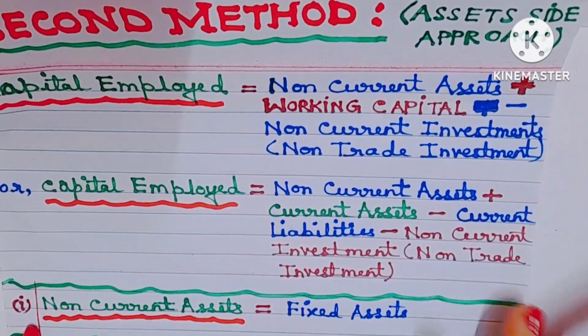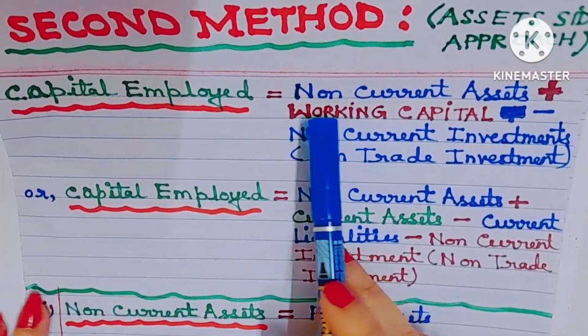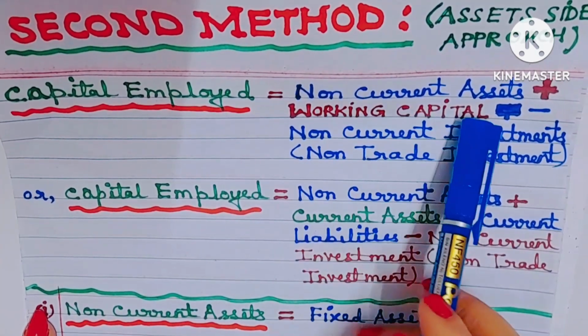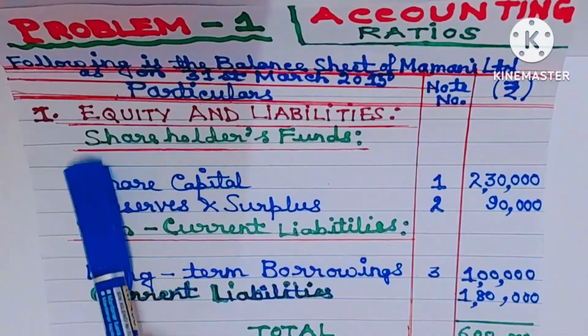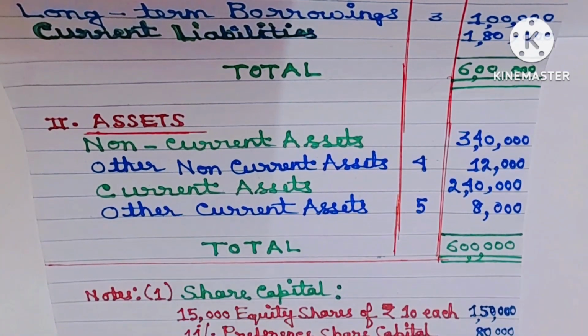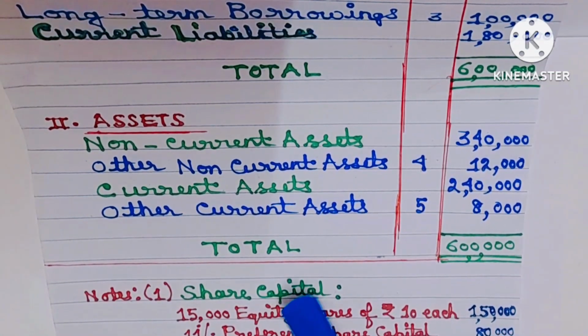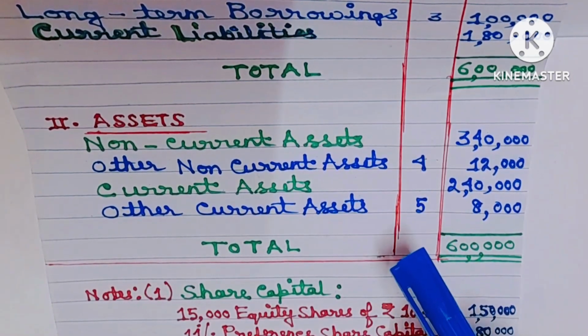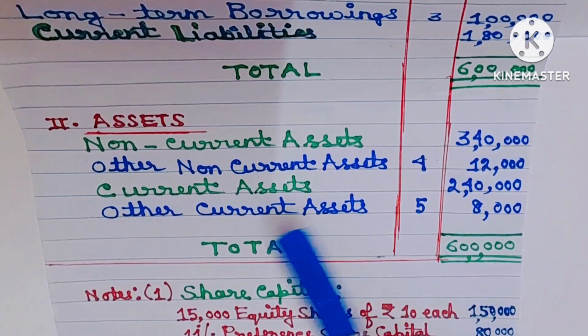So first we have to see non-current assets from the problem. Now we have to see the asset side. Since we are computing capital employed by the second method, that is asset side approach, first we got to find out non-current assets.